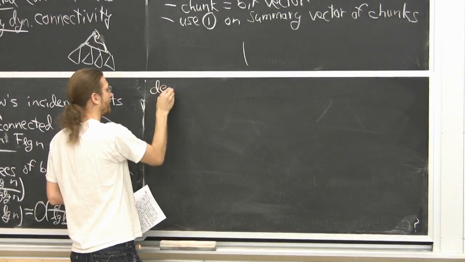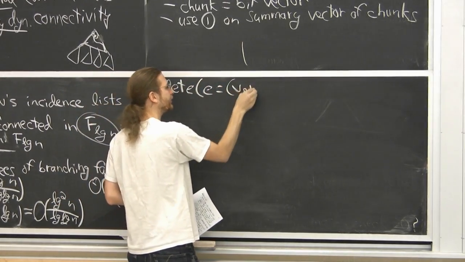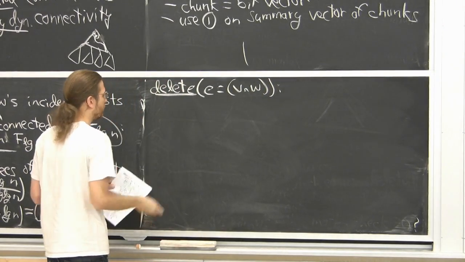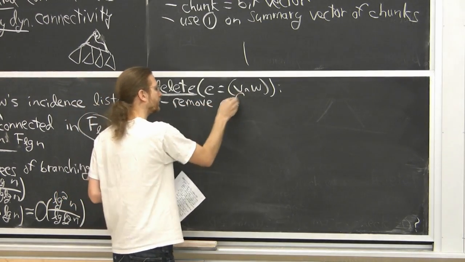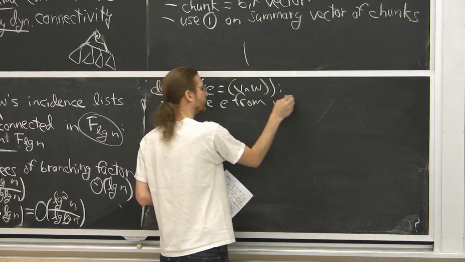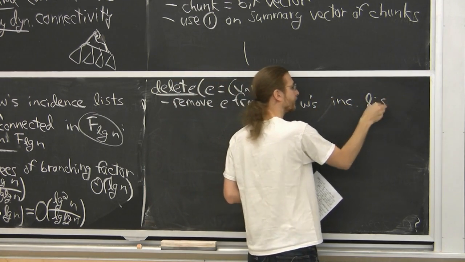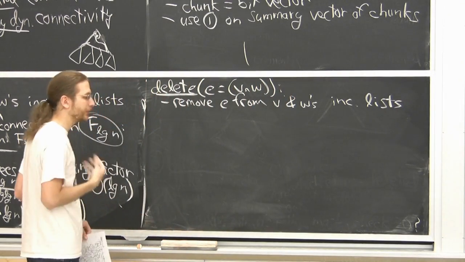So we're deleting an edge E. Its endpoints are V and W. First thing we do is remove E from the incidence lists. If every edge stores a pointer to where it lives in the incidence list, you can do that deletion in constant time.